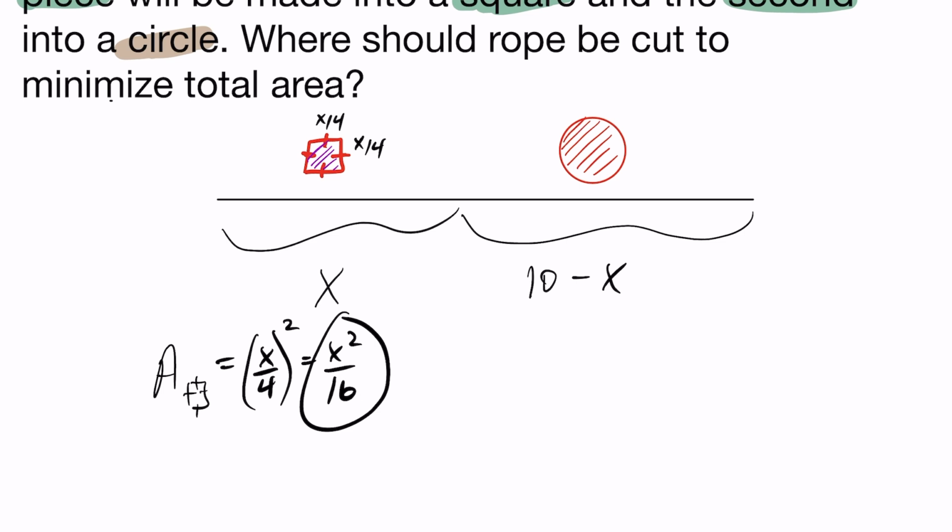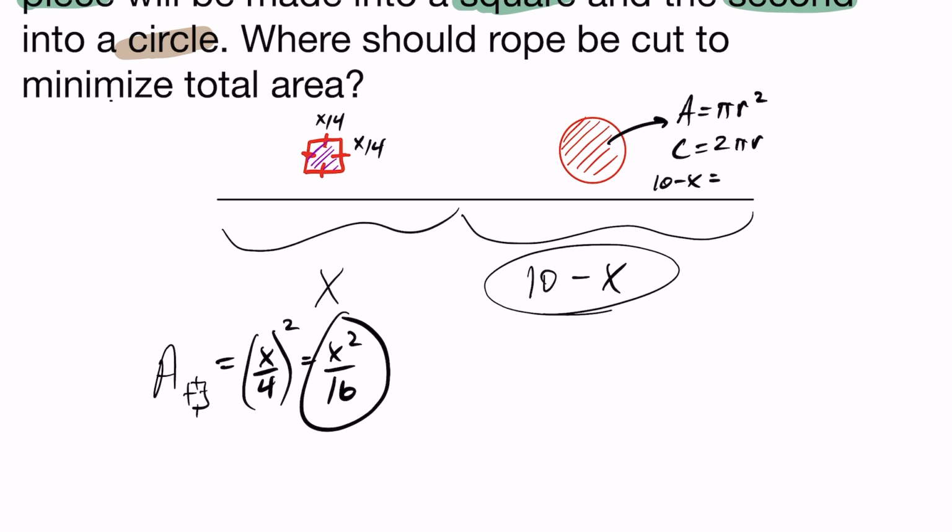Now for this shape here, you know this is a circle, and we know the area of a circle is pi r squared. Now I don't have my radius, and I want to write it in terms of x here, but I do know the circumference of a circle is 2 pi r. So the circumference of this circle, 10 minus x, is going to equal 2 pi r.